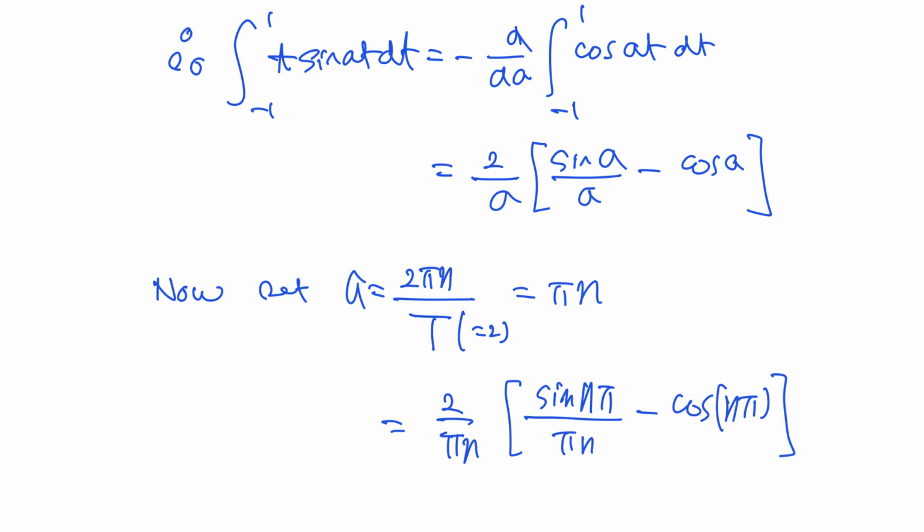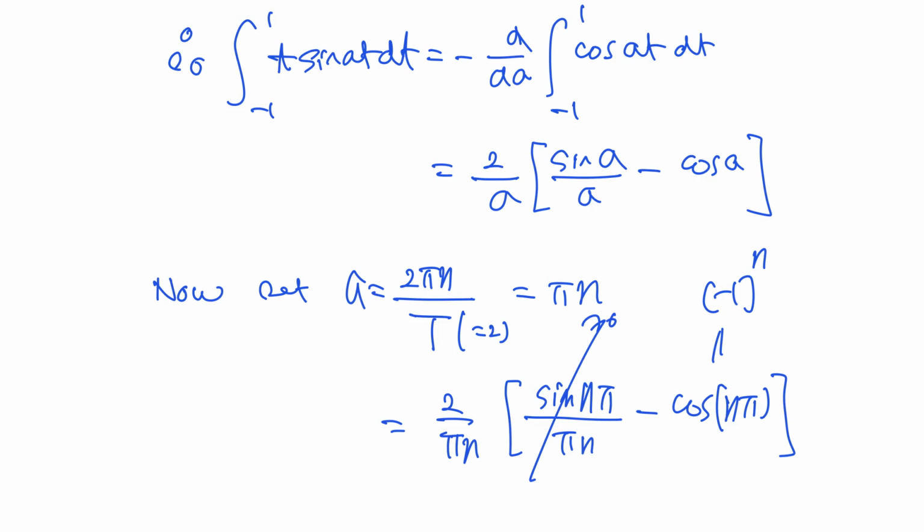Sine n pi is equal to 0, right? Cosine n pi is actually minus 1 to the n. Cosine pi is equal to minus 1, right?